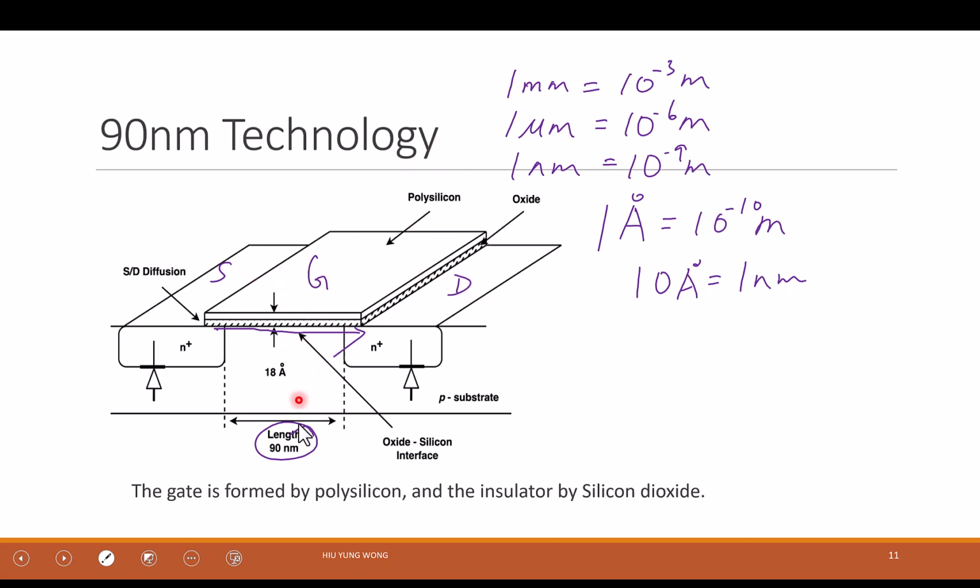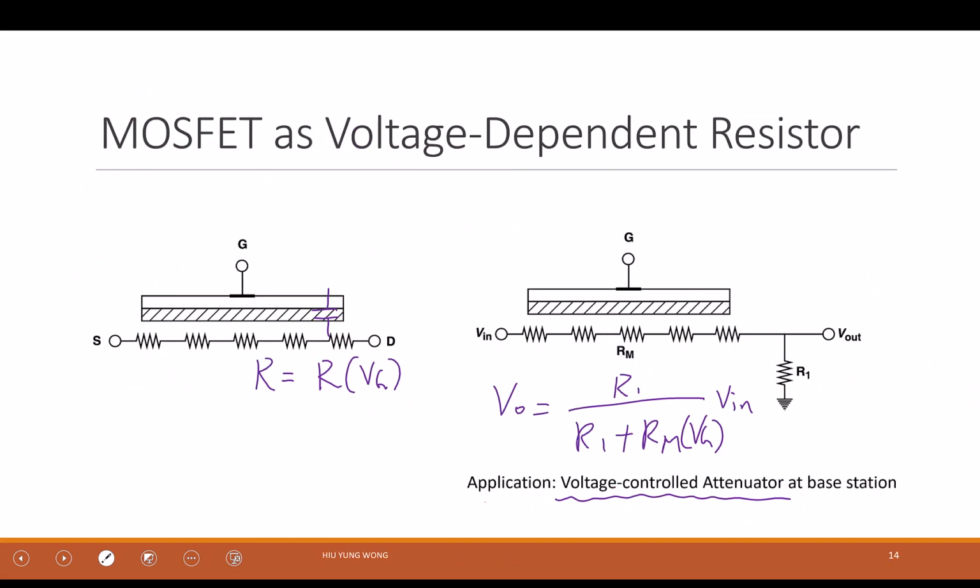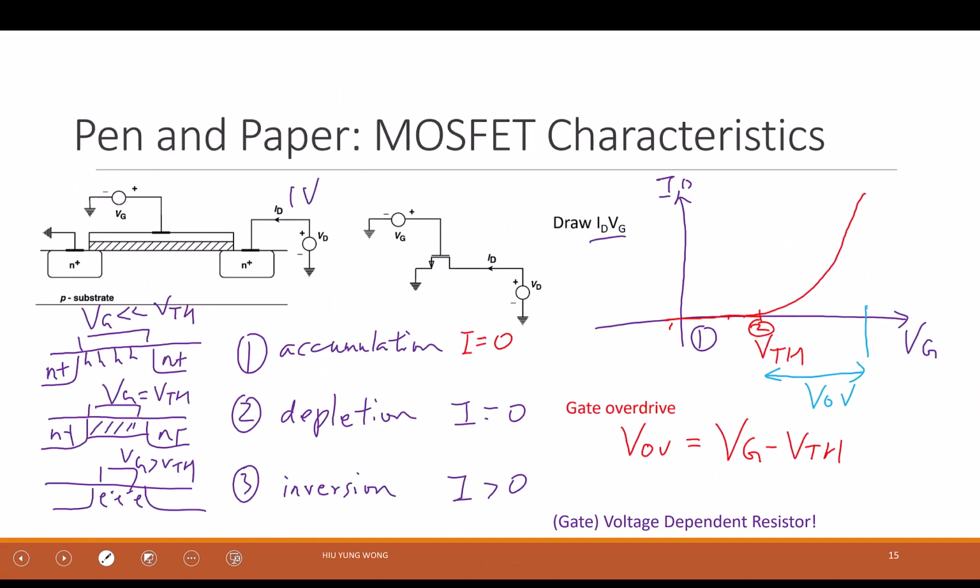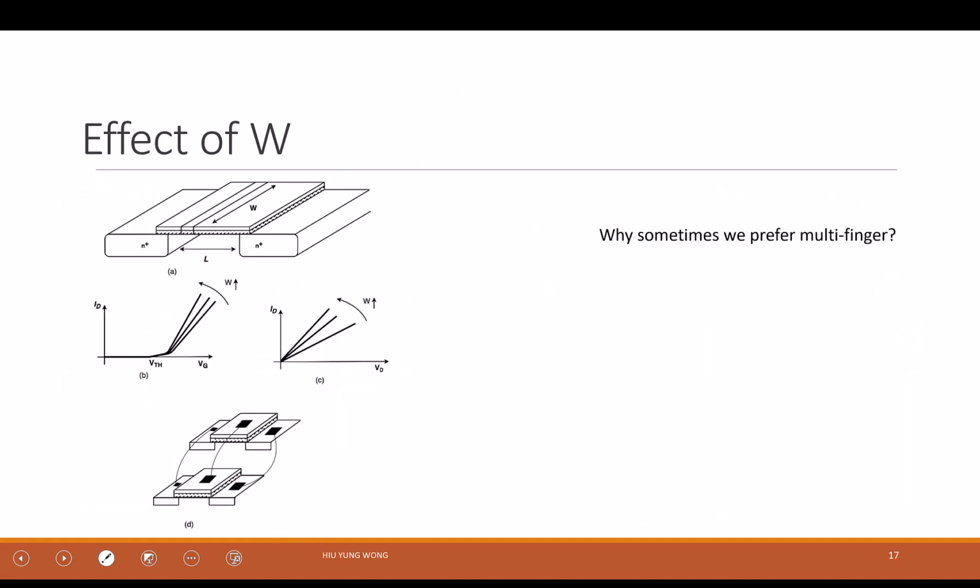This dimension is something you cannot control, because this is process specific. Unless you are Apple, because you have a lot of orders, you can say, I'm going to order so many wafers for the coming 10 years. Then maybe TSMC will modify the process for you, right? Otherwise, we have to take this for granted. You could even build your own plant. Very good.